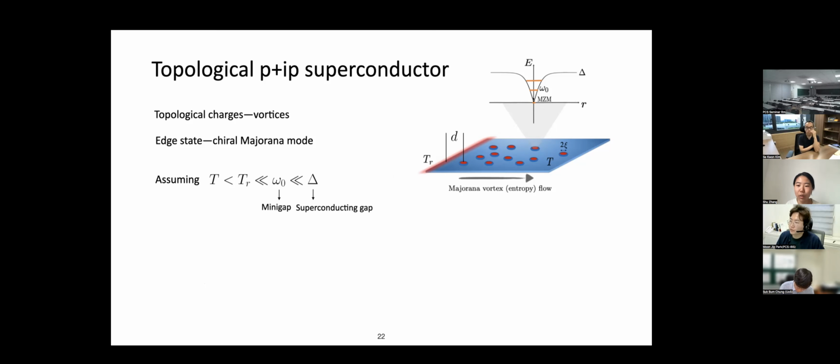So we can think of only the lowest energy levels in the vortices, and these are all much smaller than the superconducting gap. So we are very deep in the superconducting phase, and we don't have to consider the Bogoliubov excitations, the quasi-particles, and other things.